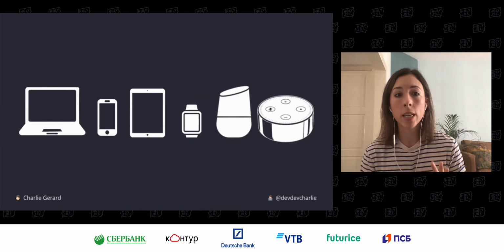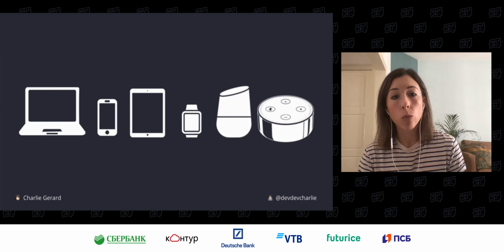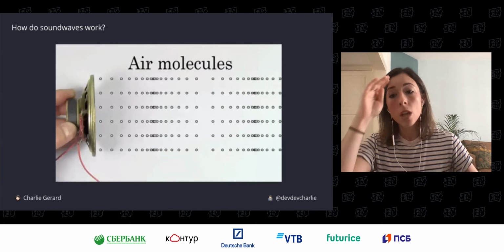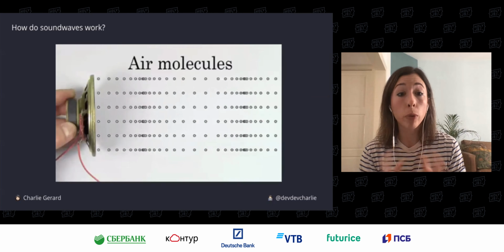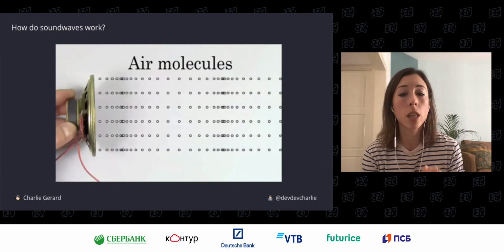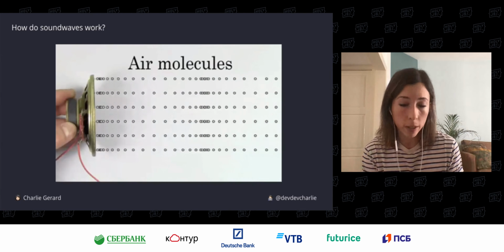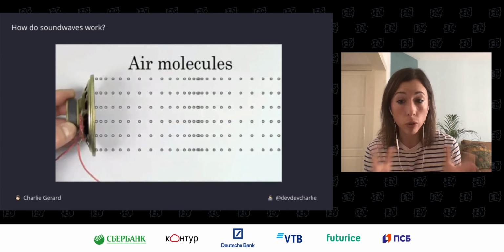But first, let's take a step back and understand what sound is and how it is transformed into data that we can access with our devices. So sound is the vibration of air molecules. In the GIF that you can hopefully see on this slide, the vibration of the speaker disturbs the air molecules around it.